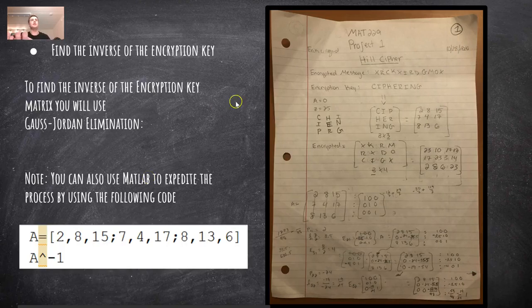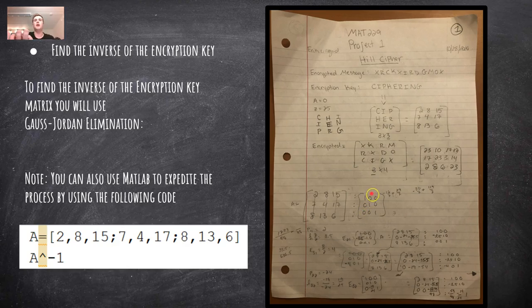To find the inverse of the encryption key, you will use Gauss-Jordan elimination. So, as you can see, this is the Gauss-Jordan elimination. We will set the encryption key relative to the identity matrix 1, 0, 0, 0, 1, 0, 0, 0, 1.